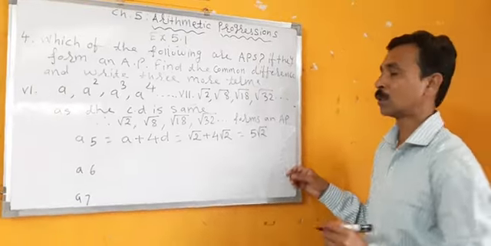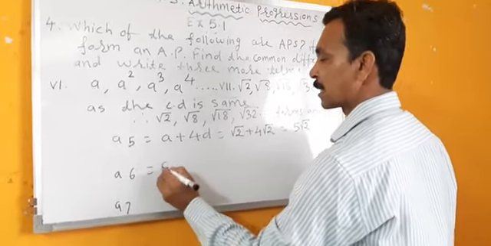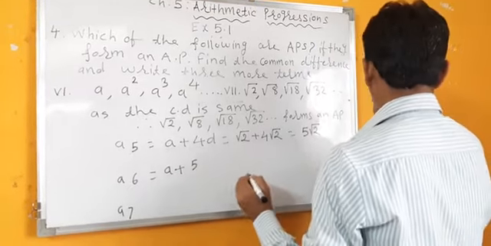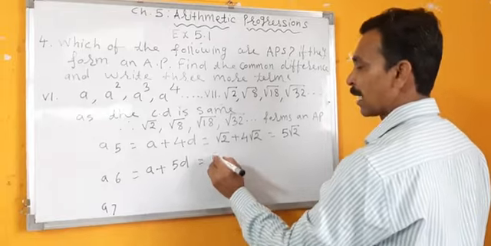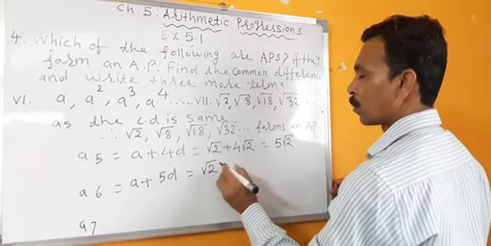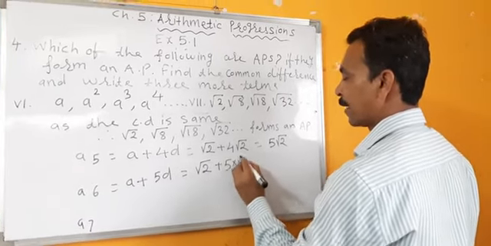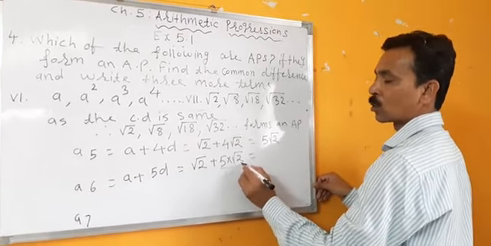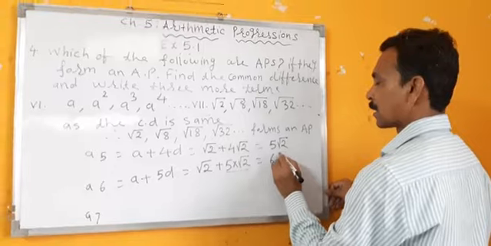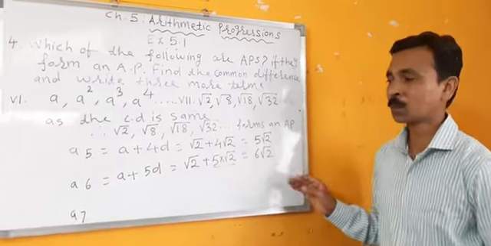A6 is equal to A plus 5D. A is root 2 plus 5D means 5 into root 2, which is 5 root 2.